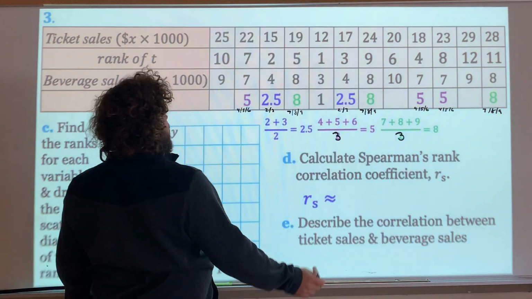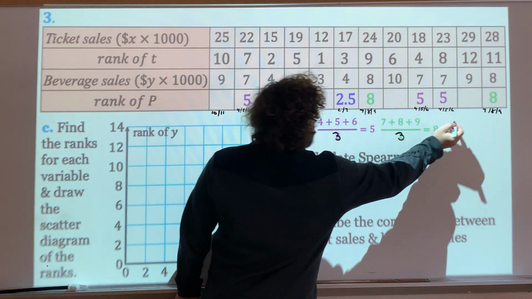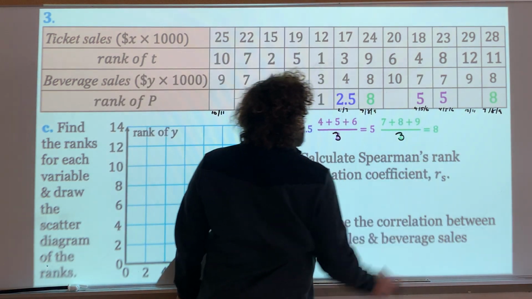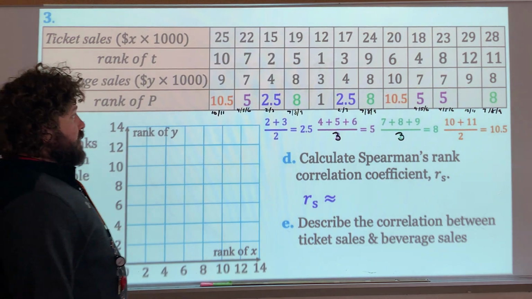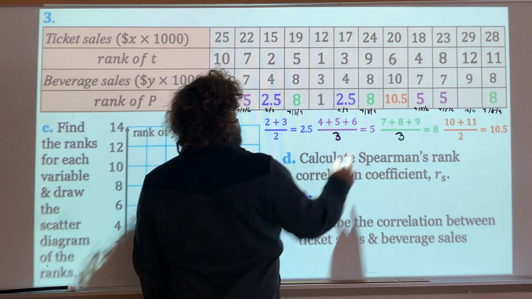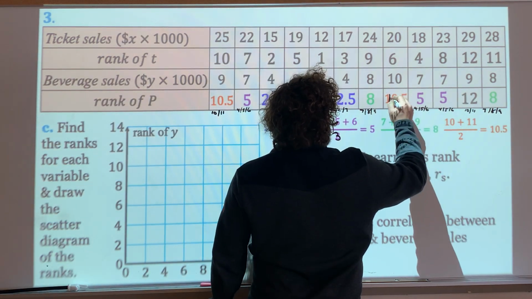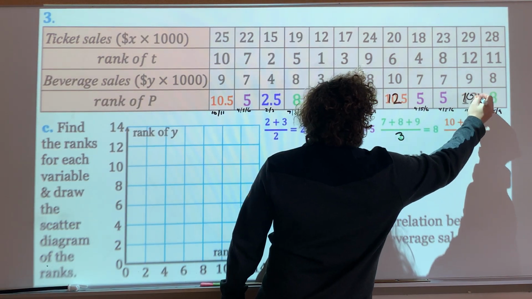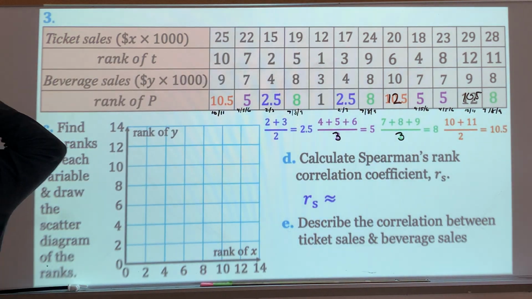All right, and then this is 10 and 11 because there's 2 9s. So 10 plus 11 divided by 2 is 10.5, 10.5. And then finally, this one is 12. Mix it up. All right.